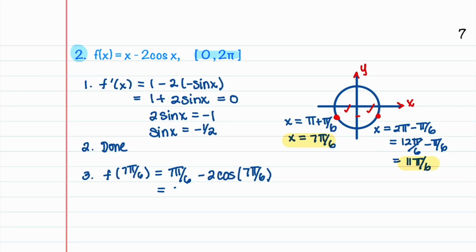This is 7 pi over 6 minus 2, and then the cosine of 7 pi over 6, let's see, cosine is negative in the third quadrant. So we're going to have a minus root 3 over 2. So this is 7 pi over 6 plus root 3.